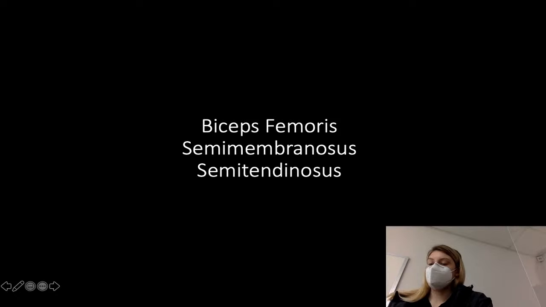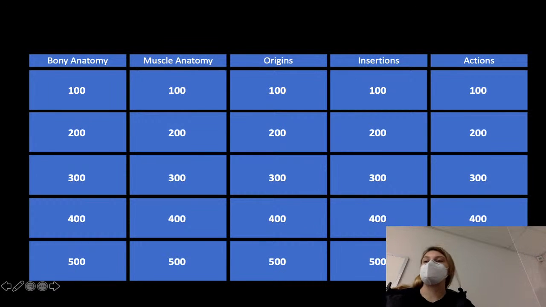Yes, a little rough getting there. So biceps femoris, semimembranosus, you said right. Semitendinosus, which you said right. Yes, semimembranosus, semitendinosus. So we know the hamstrings is a group of muscles. It's not the identifying name for them. Okay, you have origins 3, 4, 5 left in all of insertions and actions.